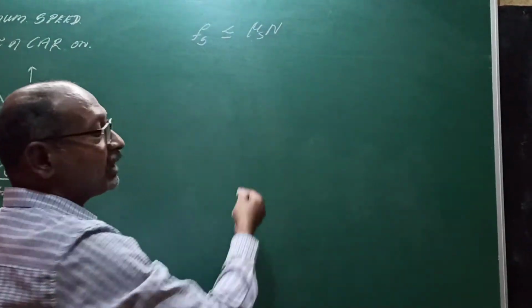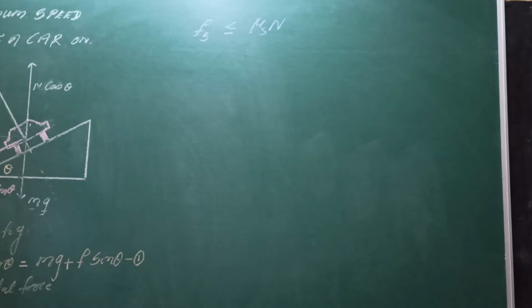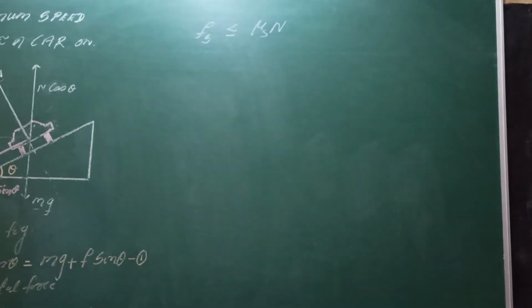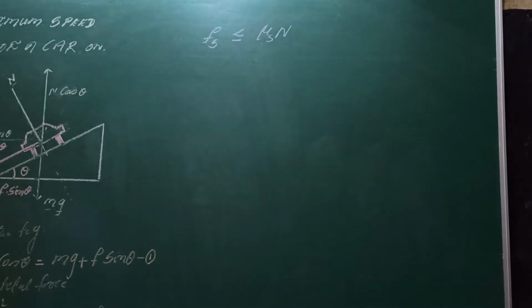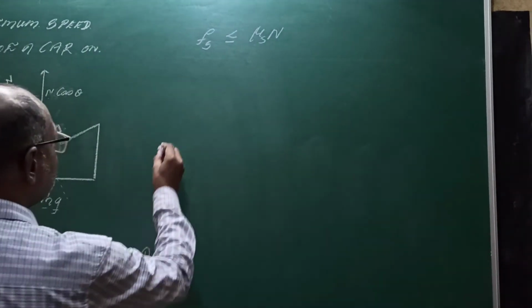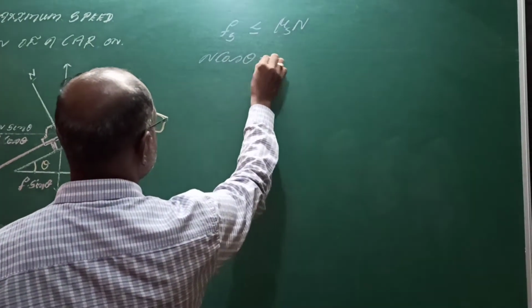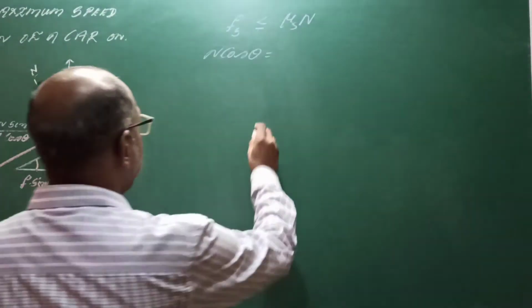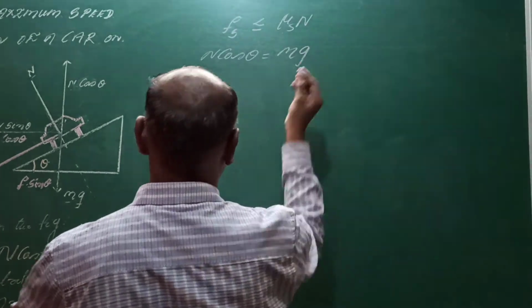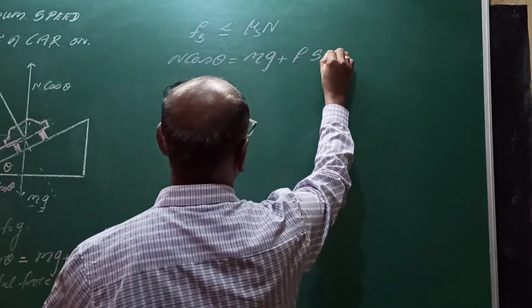Mu S is nothing but the coefficient of static friction, into N. So let us substitute this into the first equation. What happens here? N cos theta is equal to mg plus F sin theta.